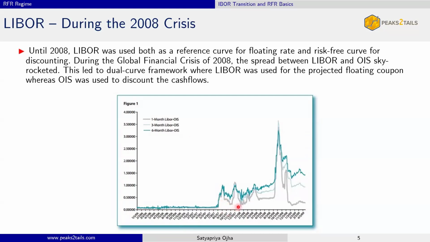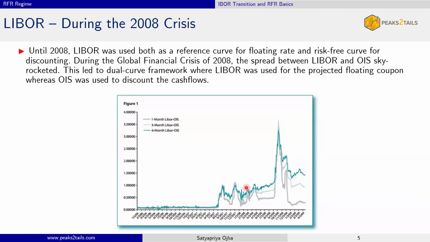After the 2008 crisis, you can see there was a huge spike in the basis. So LIBOR minus OIS, you see the difference. The basis point spread between LIBOR and OIS skyrocketed. So at that moment, everybody realized, hey, LIBOR is not risk-free, right? There is so much difference between OIS and LIBOR. So the gap skyrocketed between LIBOR and OIS post 2008 crisis.